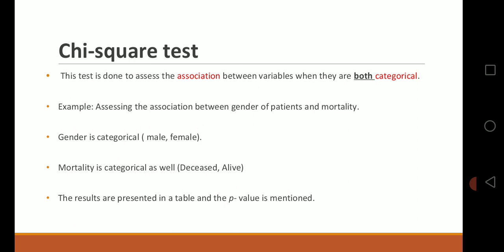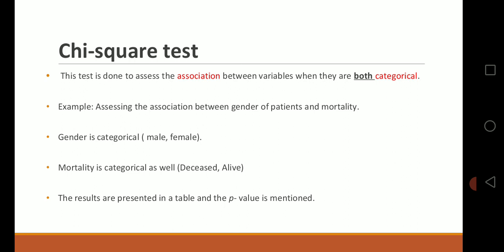They are either collected as names, يعني in a nominal scale, or collected as ranks, the ordinal scale. Okay, these types of variables are called categorical variables, as we know. تمام.